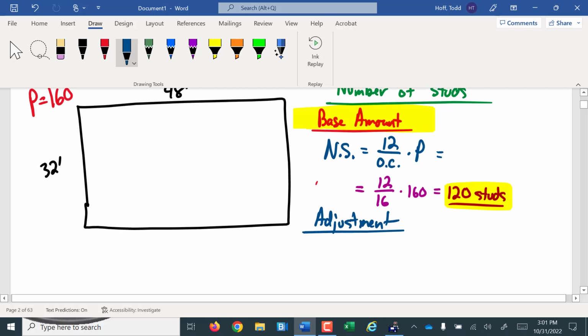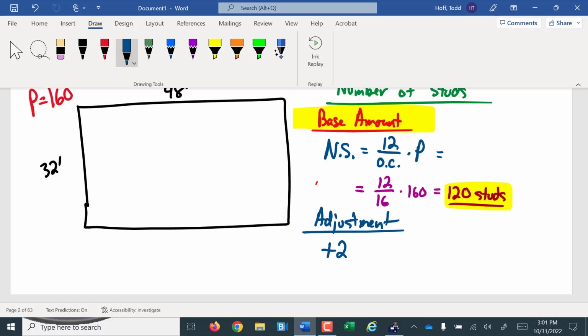But for our adjustment, it is plus 2 for each corner. So here, how many corners do we have? 4. So 2 times 4 is going to be a plus 8 for the corners.